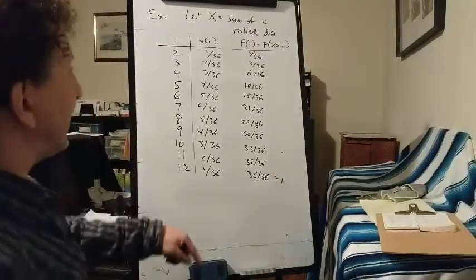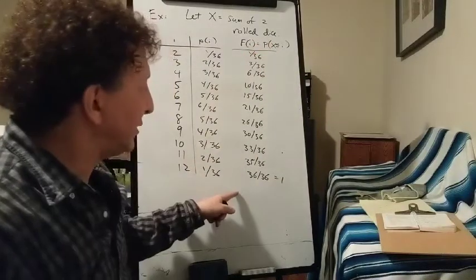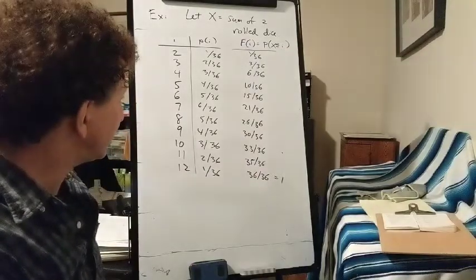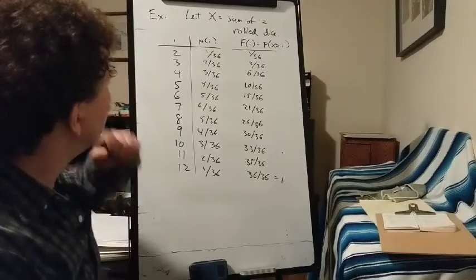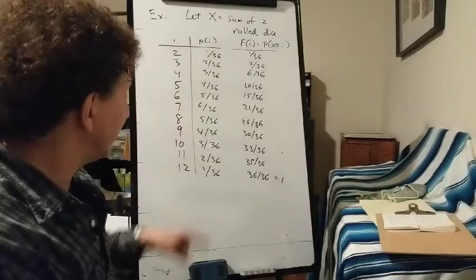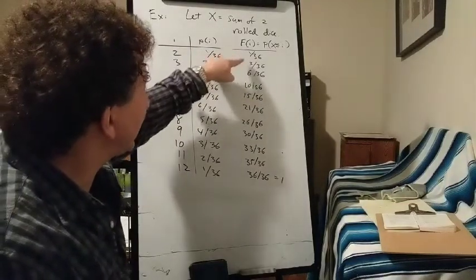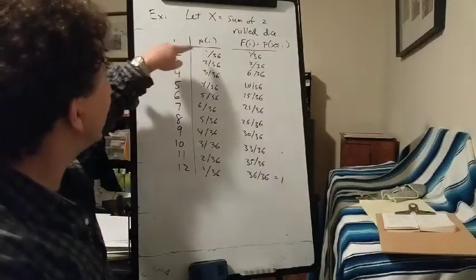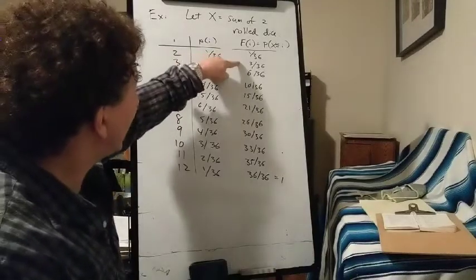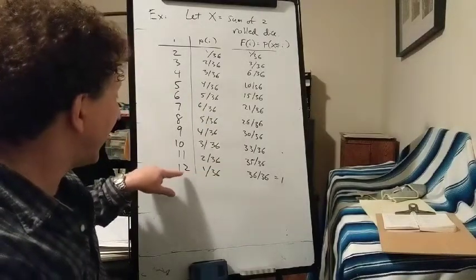So of course the probability that the value of x is less than or equal to the highest possible value has to be 1, because all the values are less than or equal to the highest possible value. So the cumulative distribution function column is always increasing from the probability of seeing just the lowest possible value all the way up to 1 for seeing less than or equal to the highest possible value.